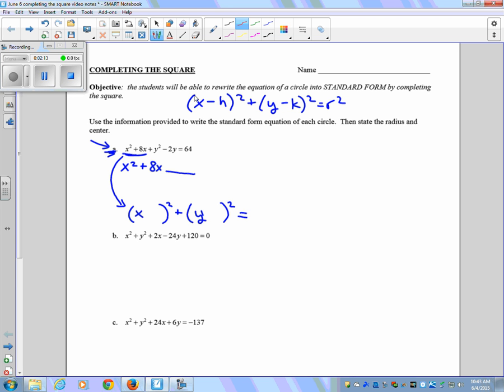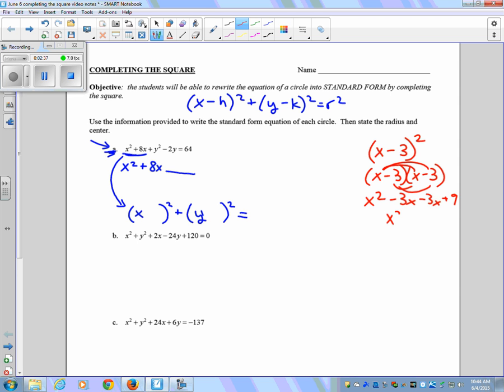Because if we look at, let's come over here for just a quick example. If I have x minus 3 and I square it, that really means x minus 3 times x minus 3. And that's x squared minus 3x minus another 3x plus 9.